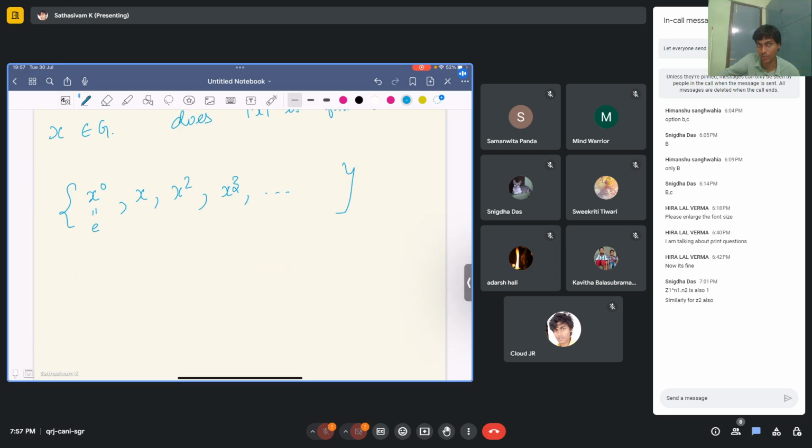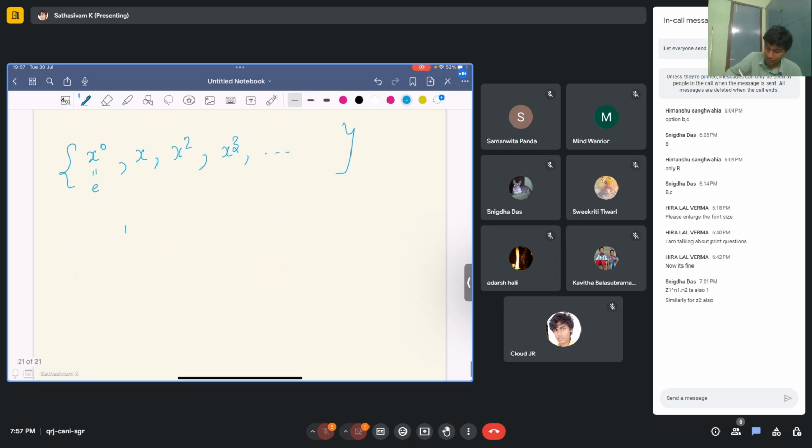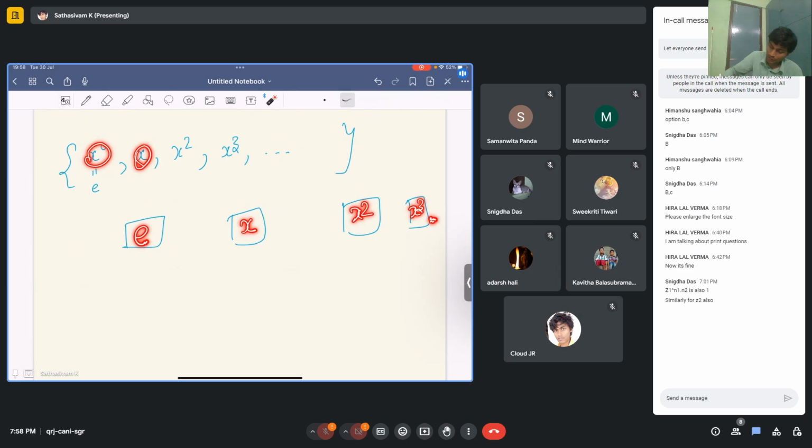It's the pigeonhole principle. Basically you have n boxes, so n elements. This is the identity, x will be there, and x square, x cube, etc. But there are only 4 boxes, right? So the fourth element has to be one of those. I don't know where it is, but it has to be one of them. It's just the pigeonhole principle.